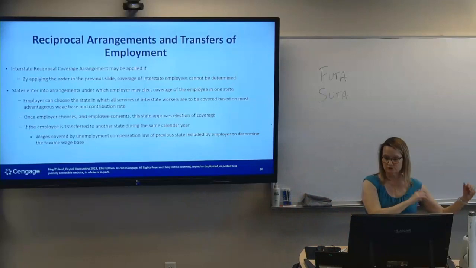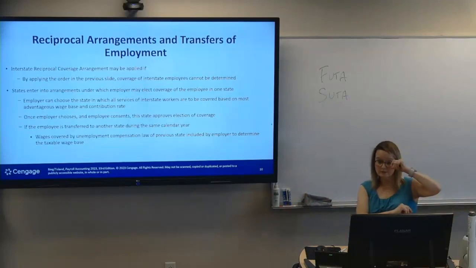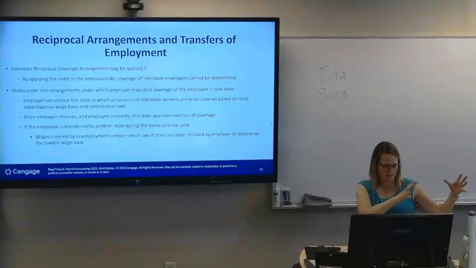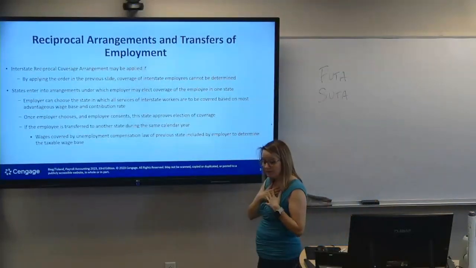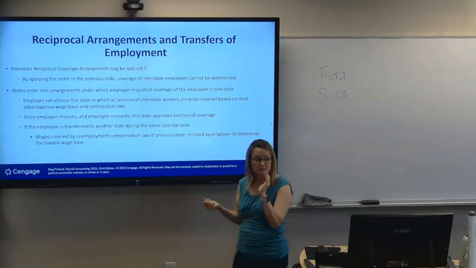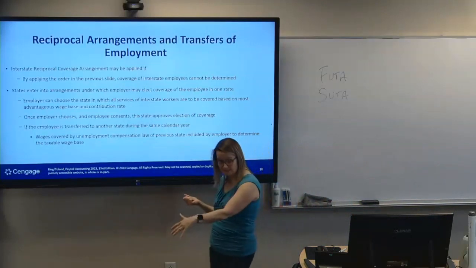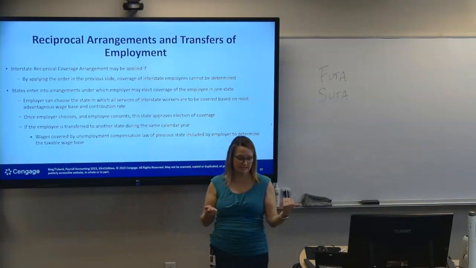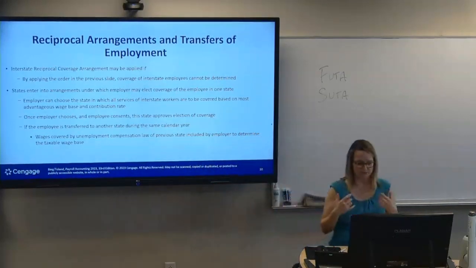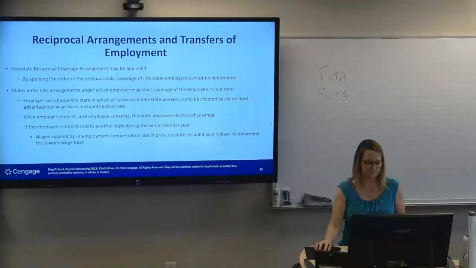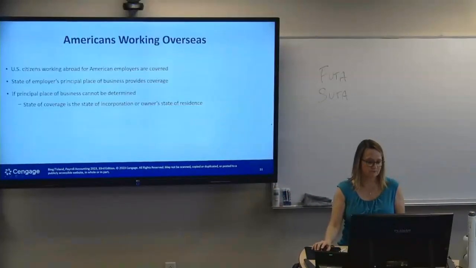I moved to Iowa and I'm still working for the same employer, but now my area of localization is in Iowa. My employer can apply the taxes they already paid to Illinois to the taxes that would be due in Iowa. Okay, so that's what they're talking about with regard to that.